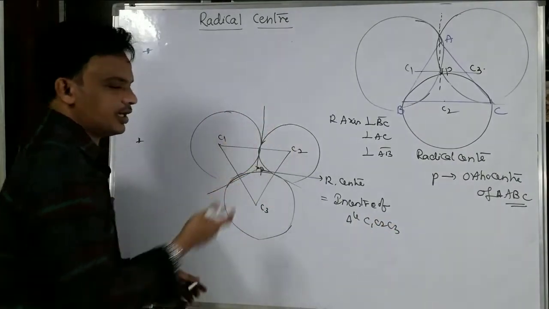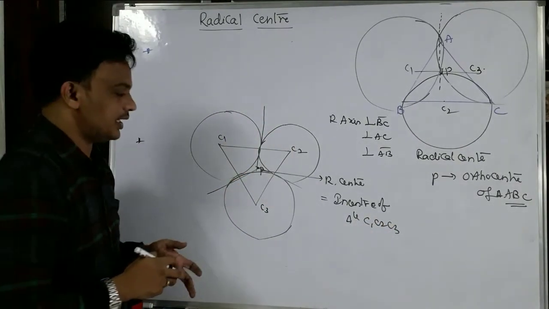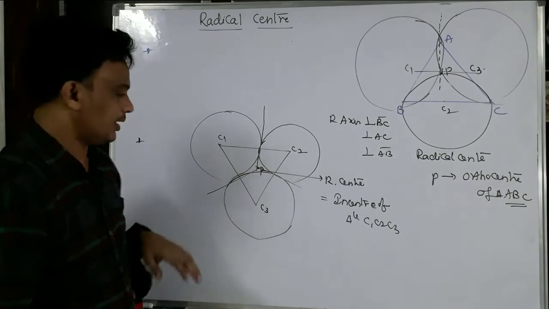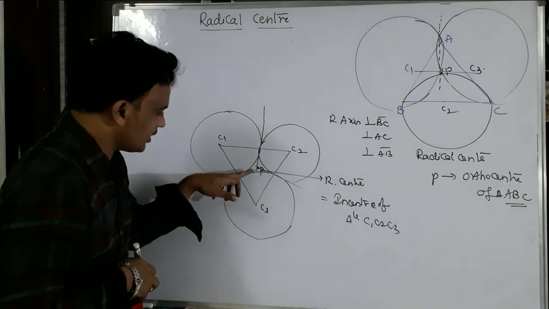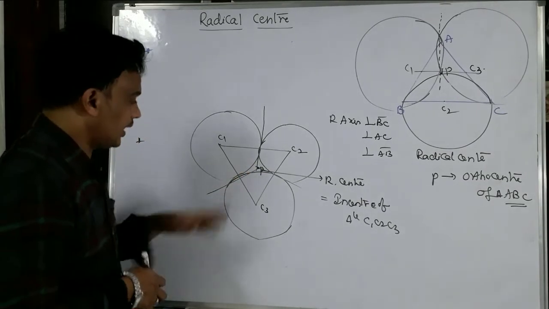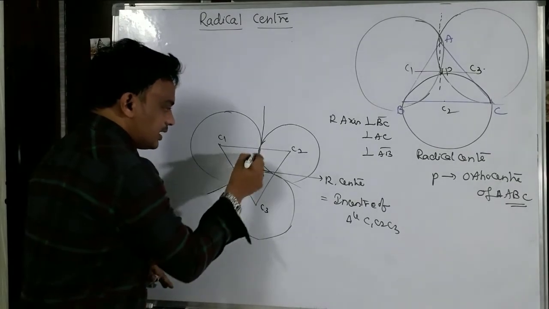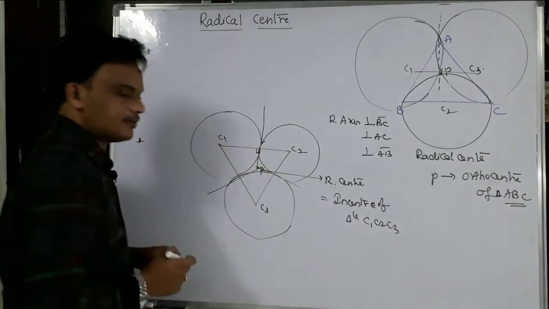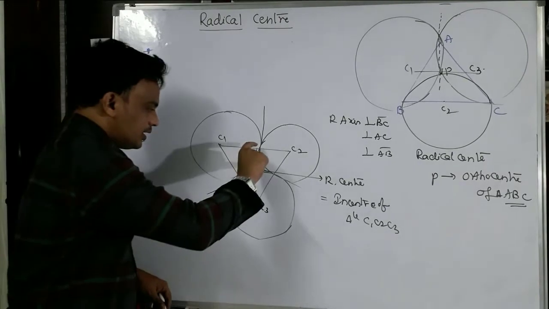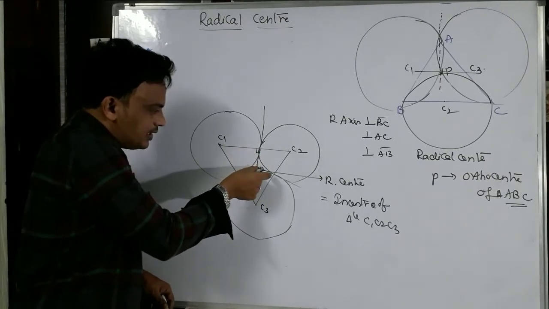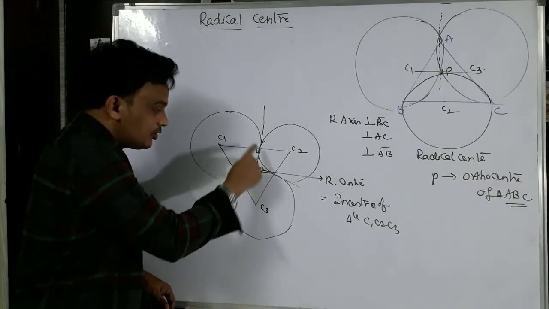Suppose the triangle ABC is C1, C2, C3. How can you say it is the incenter? It is the radical center. The radical axis is perpendicular, and this length is the length of the tangent, which should be equal.